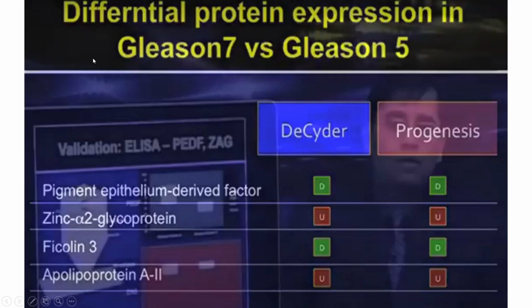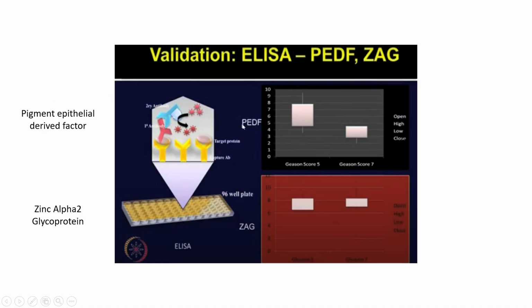Then in that paper itself, they found that certain specific proteins, pigment epithelial derived factor and zinc alpha 2 glycoprotein, were downregulated or upregulated accordingly, so they found these were the proteins which can potentially act as biomarkers.